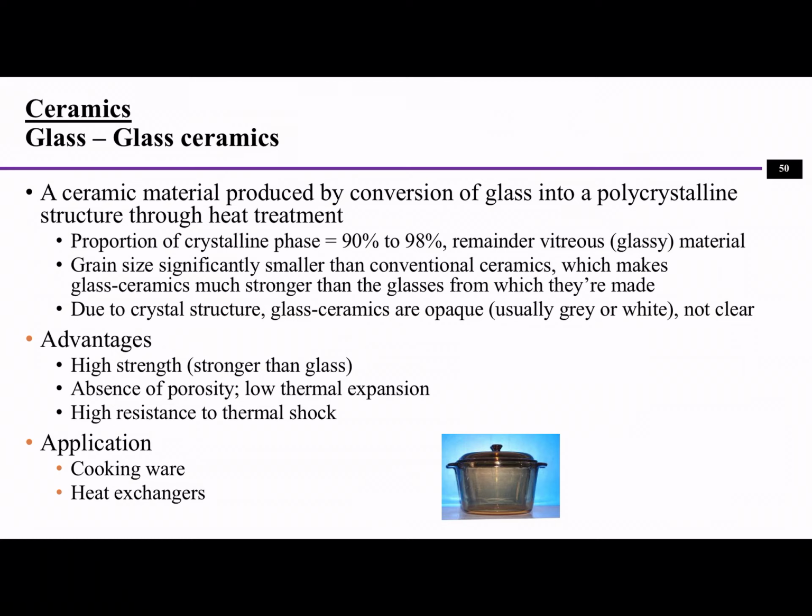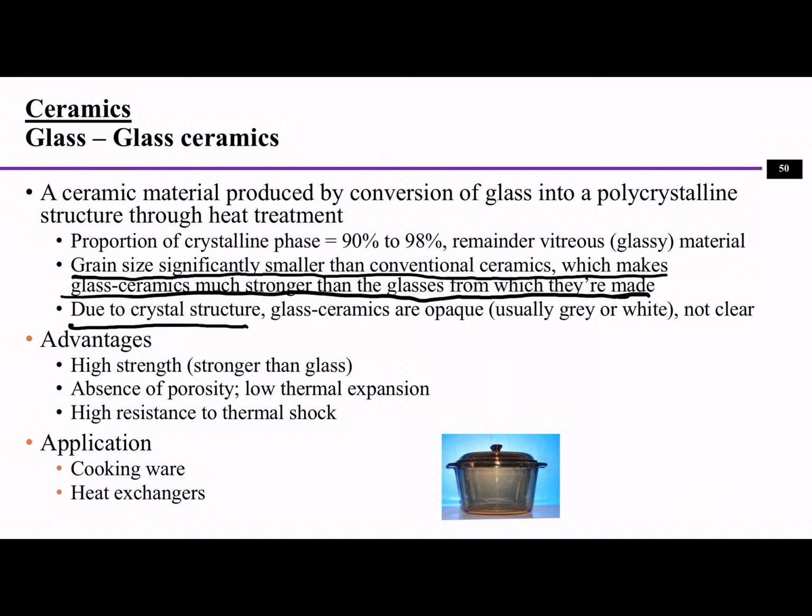All right, so glass ceramics. Usually their grain size is significantly smaller than conventional ceramics, which makes glass ceramics much stronger than the glasses from which they're made, right? And because they have a crystalline structure, glass ceramics are usually opaque, not clear like this.